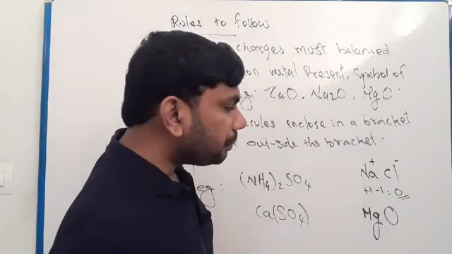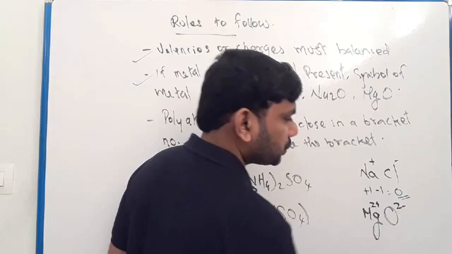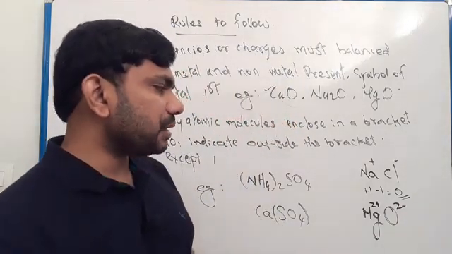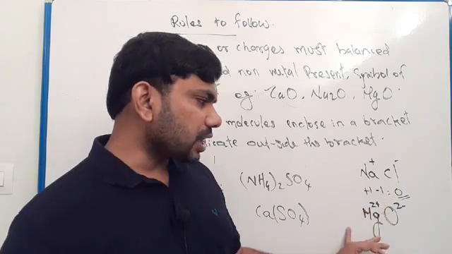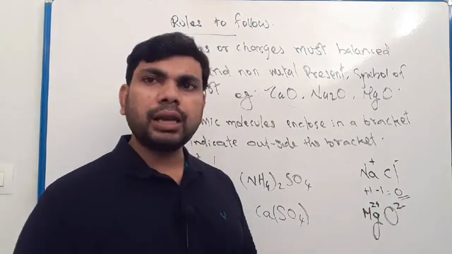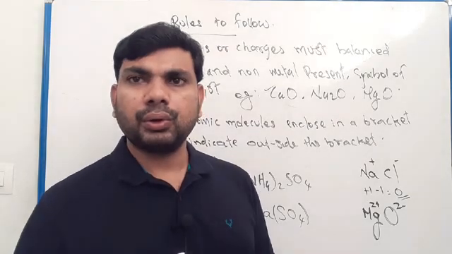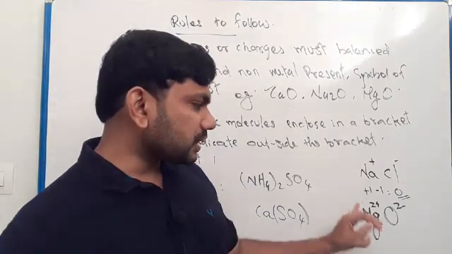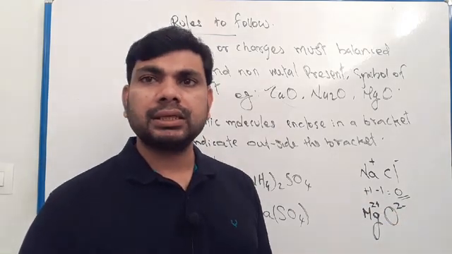Magnesium is plus 2, oxygen is minus 2. So plus 2, minus 2. The positive charge and negative charge are equal and the net charge will be 0. That means positive charge and negative charge must be balanced. Clear?